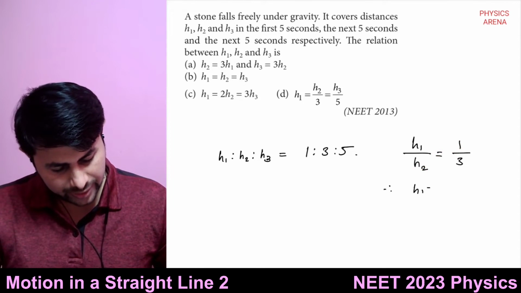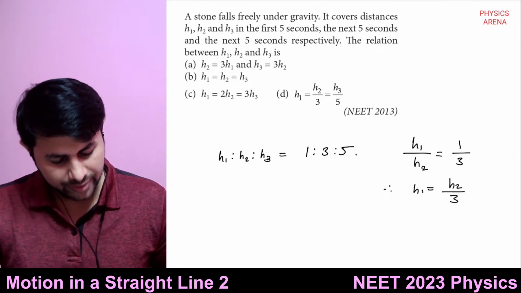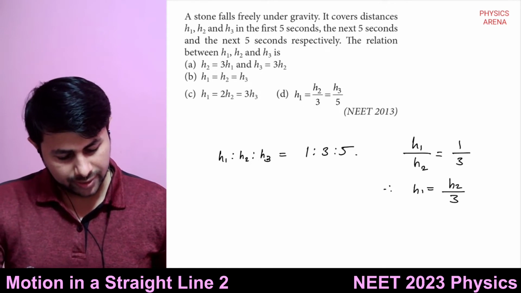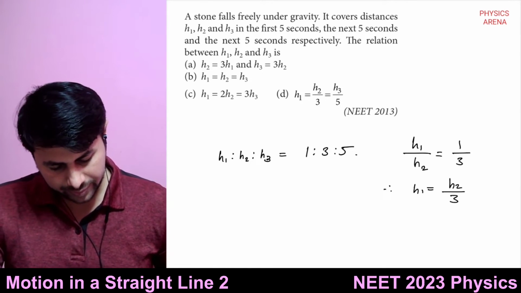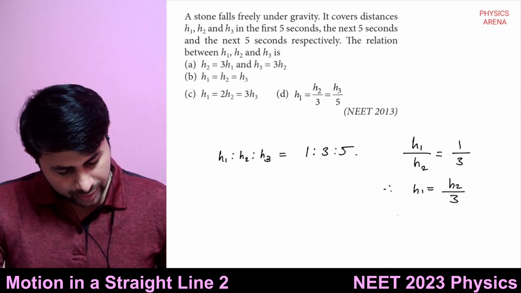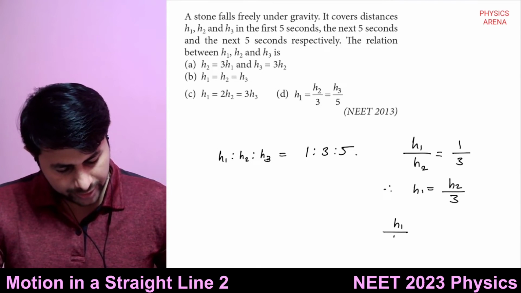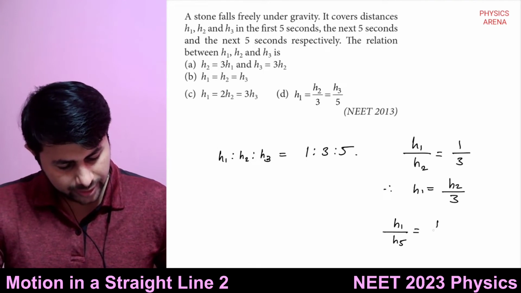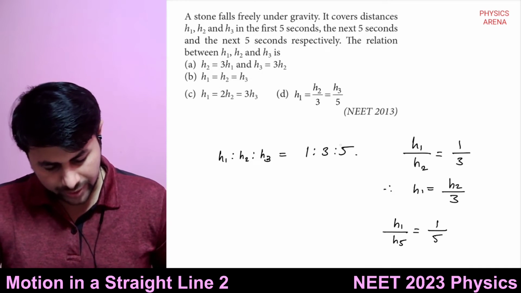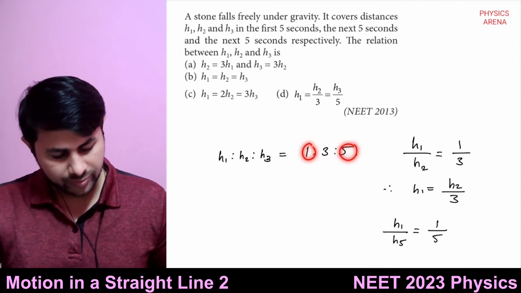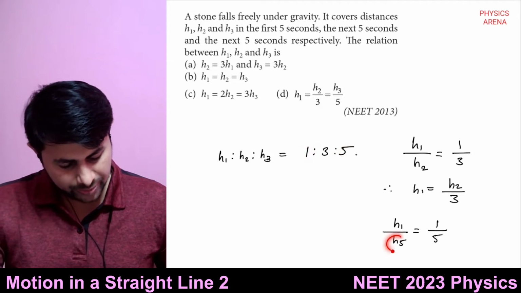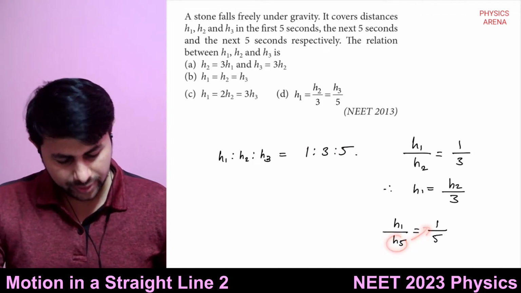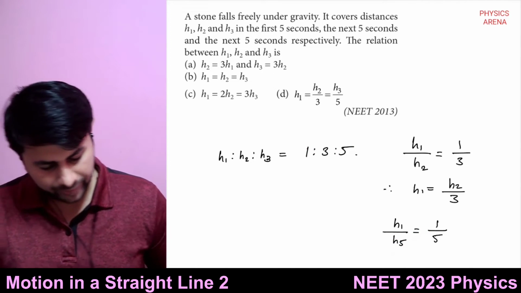So h1 is equal to h2 divided by 3, and similarly I can write that h1 upon h3 equals what? 1 is to 5, right? It is 1 is to 5.